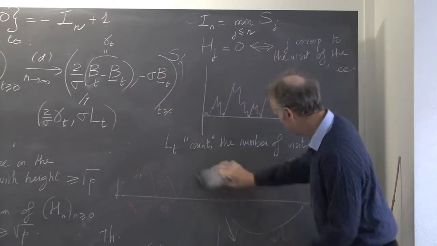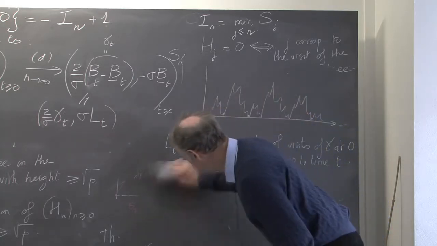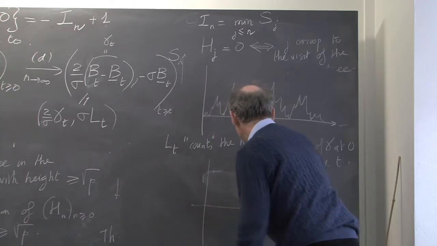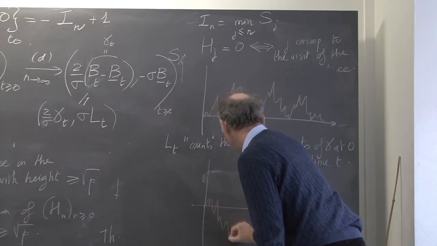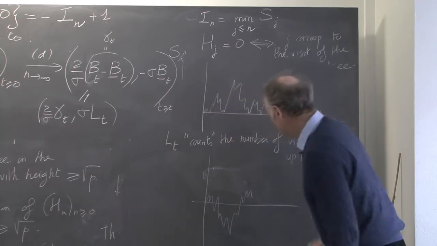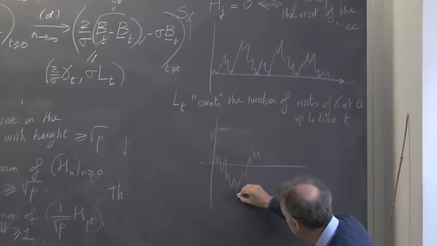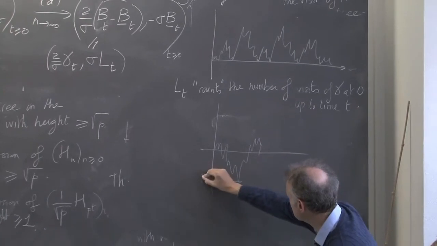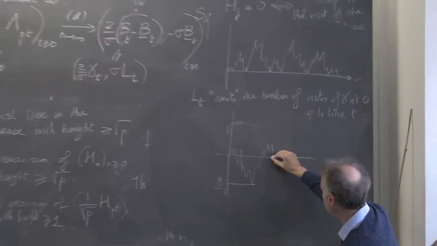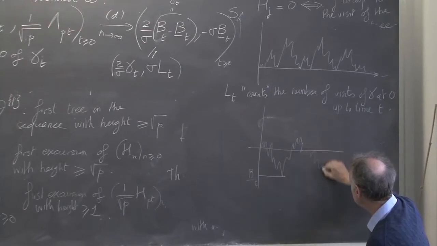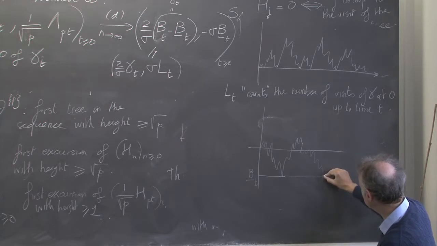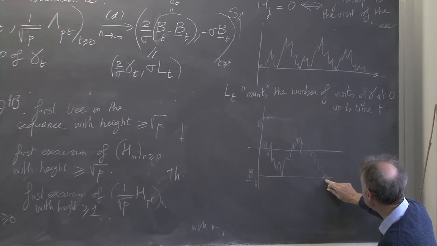Suppose that you have your Brownian motion, something like this. Here is the past infimum. Suppose this is b at time t, and you let your Brownian motion evolve until the moment when it hits that level, and then because of the property of Brownian motion, immediately after, it will become even smaller.